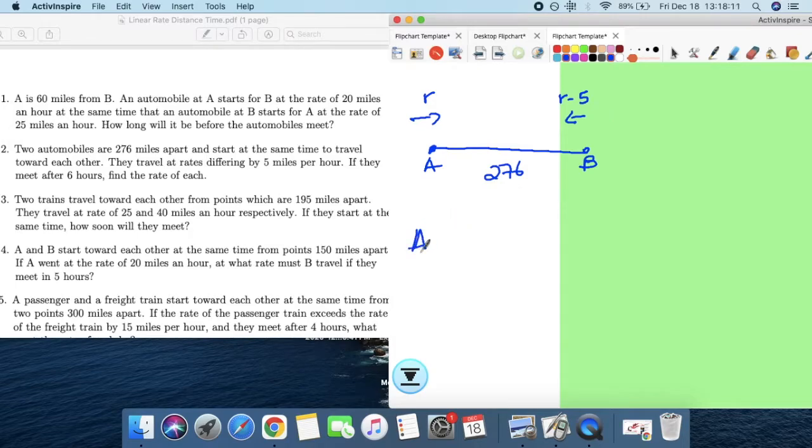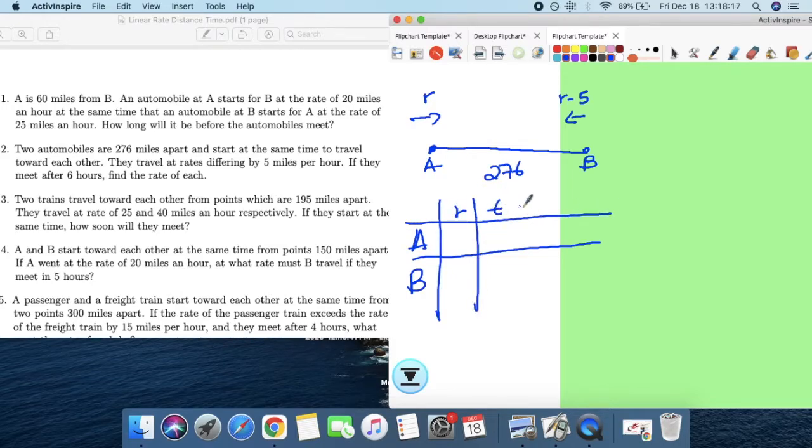So car A, car B, remember we have a table. The first column is going to be the rate, the second column the t, and the third column the d. So car A is traveling at that speed. Car B is his speed minus 5. The time that they drive for, does it say? Yes, they drive for 6 hours.